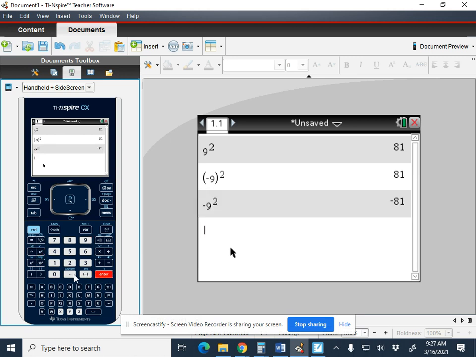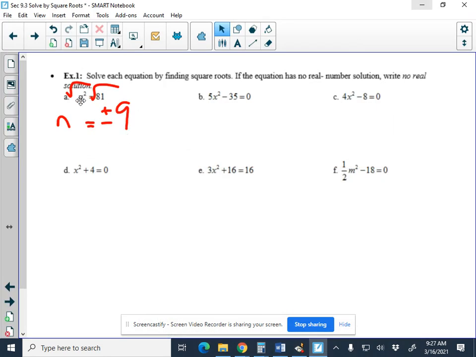And that is a mistake because you didn't substitute -9 in. You substituted 9 in and then made it negative using the order of operations. So -9 also will work in this equation to get you a positive 81 because a negative times a negative is a positive.